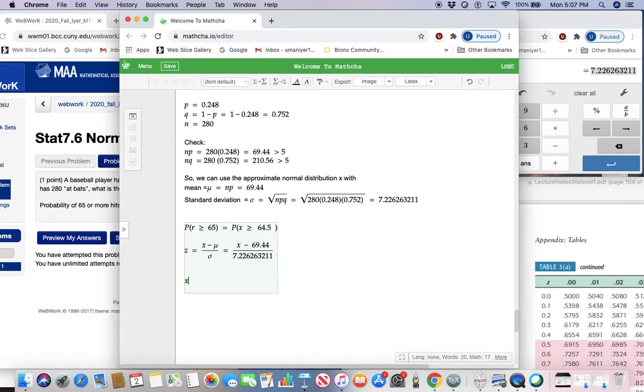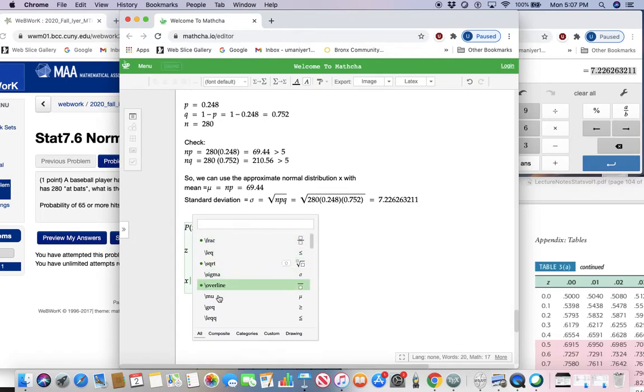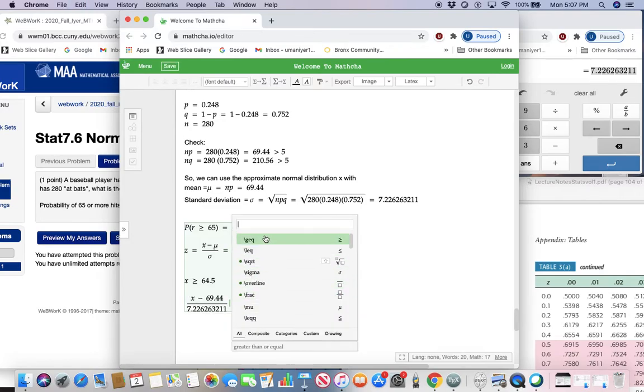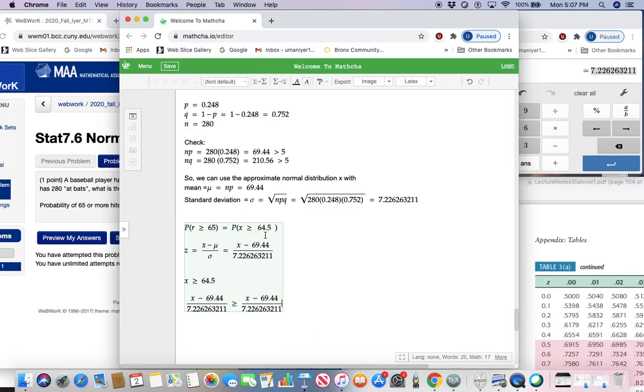So I want x to be greater than or equal to 64.5. That's the probability we are looking for.